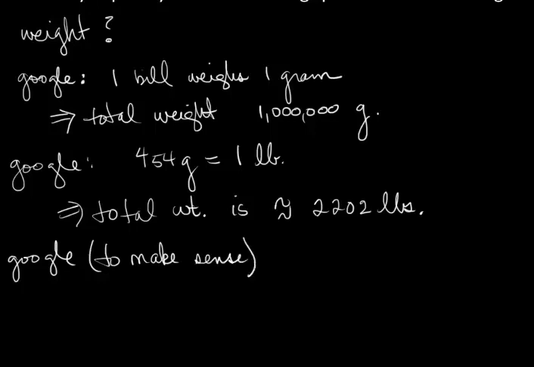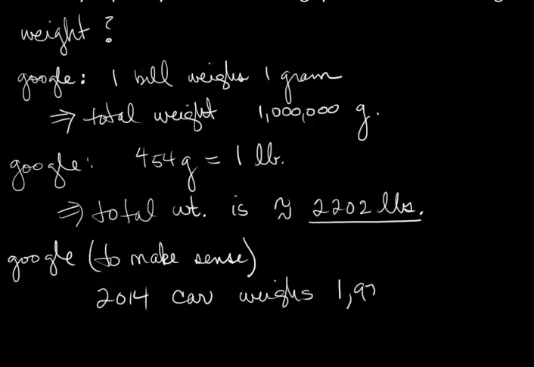In order for this amount of weight to make sense to me, I found that the 2014 Mitsubishi Mirage, a small compact car, weighs 1,973 pounds.